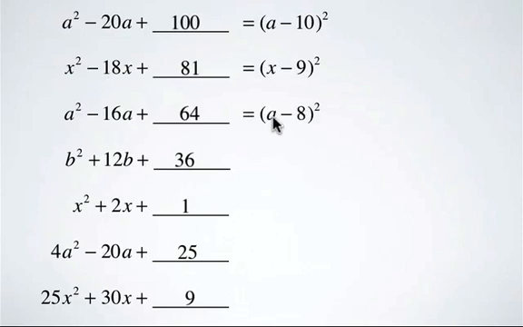Our next one can be factored to a minus 8 squared. The square root of a squared is a. We take this minus sign, place it here, and the square root of 64 is 8.